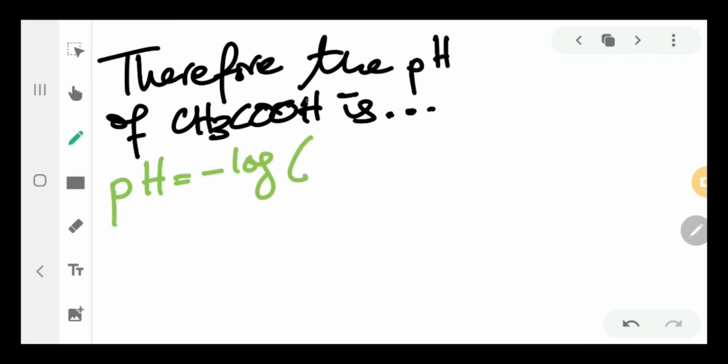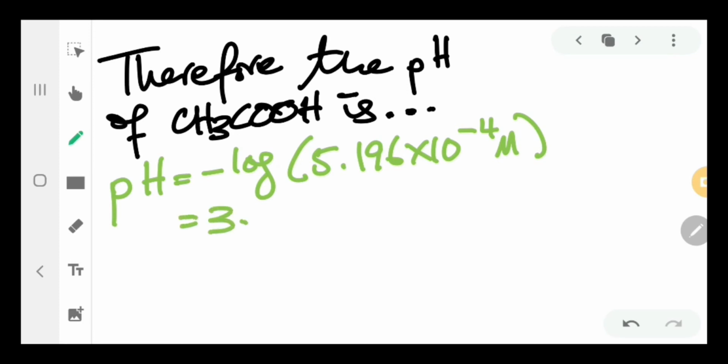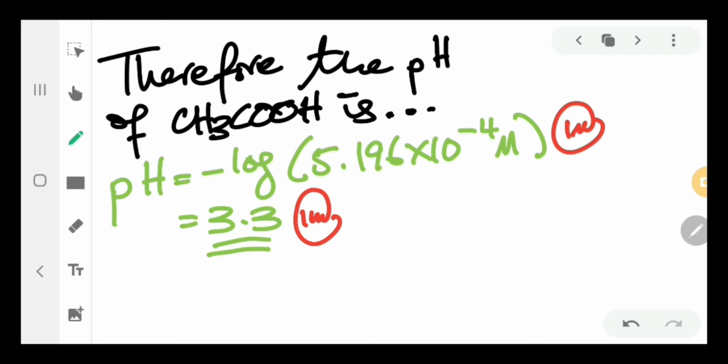Then we can plug in the value just now, which is 5.196 times 10 to the power of negative 4. And the pH would be 3.3. So you get 1 mark for this, and you get 1 mark for that one.